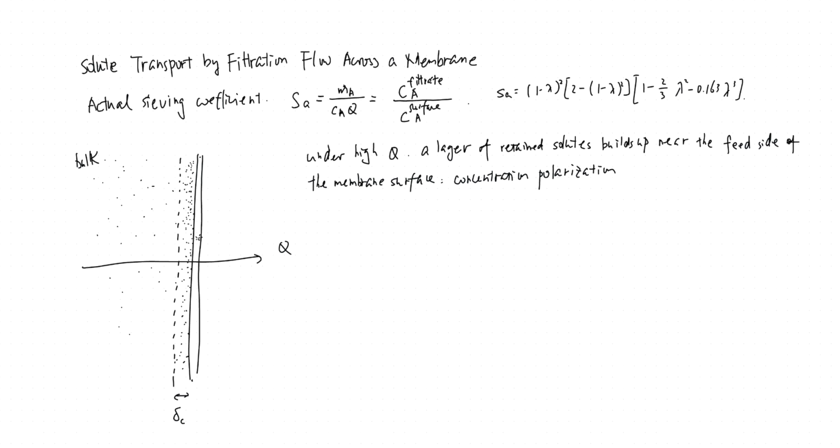In this case, the solute concentration on the surface is not the same as the concentration in the bulk. Then we start to define another sieving coefficient we call the observed sieving coefficient.